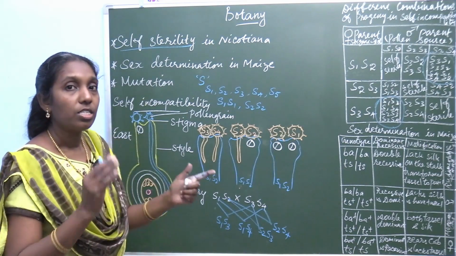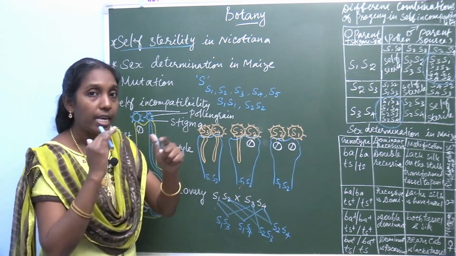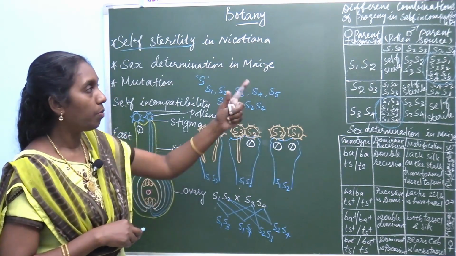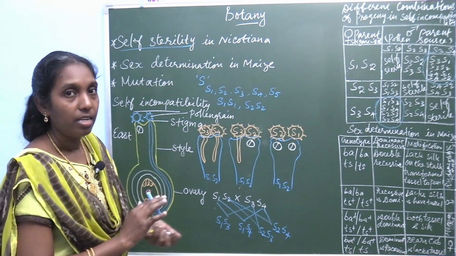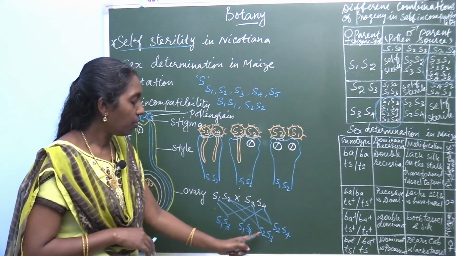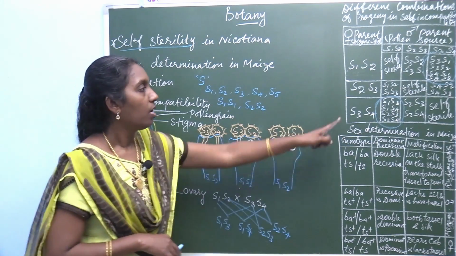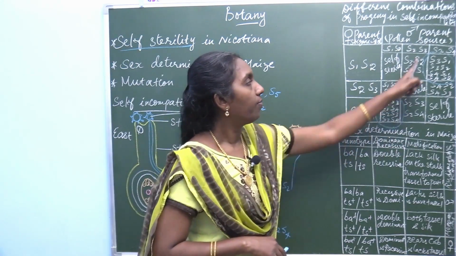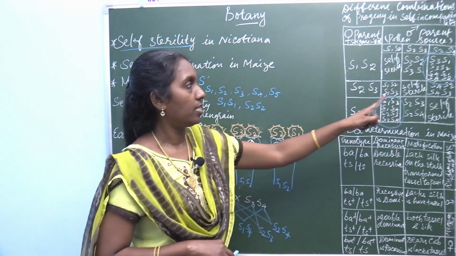So here it is not S1, S2. If it is S1, S2, it shows male self-sterility. But here S1, S3, S1, S4, S2, S3, S2, S4 give all the 4 different combinations.